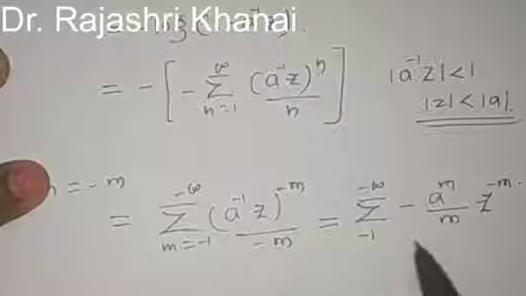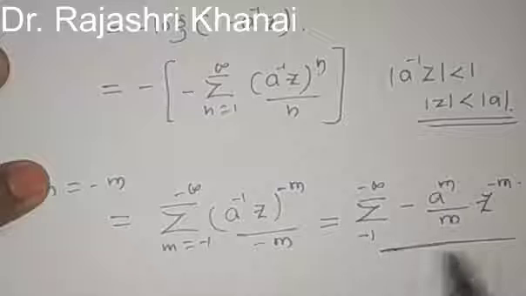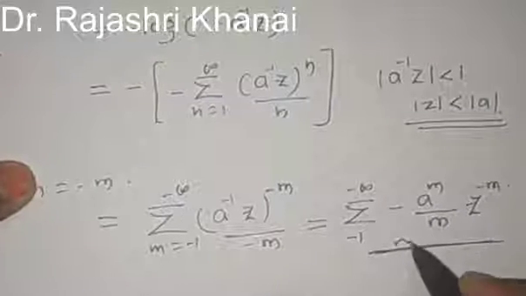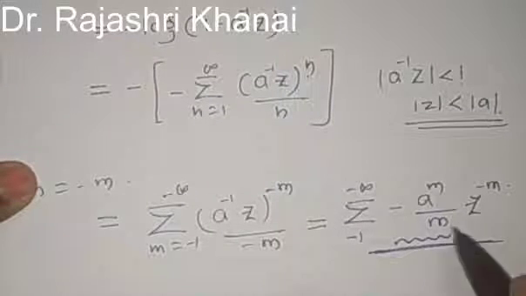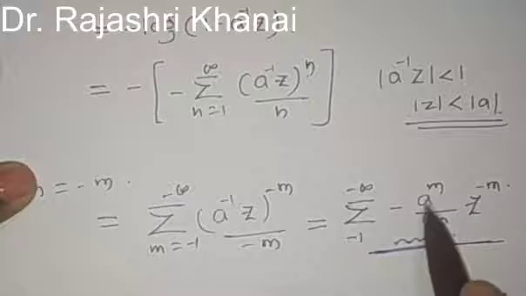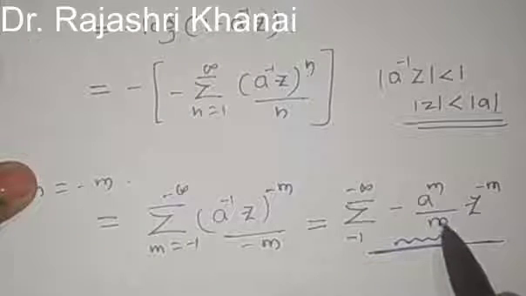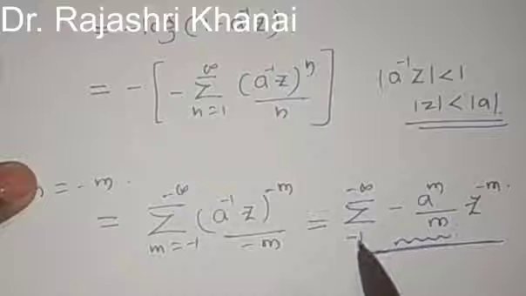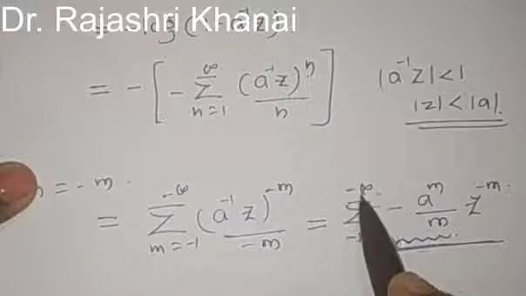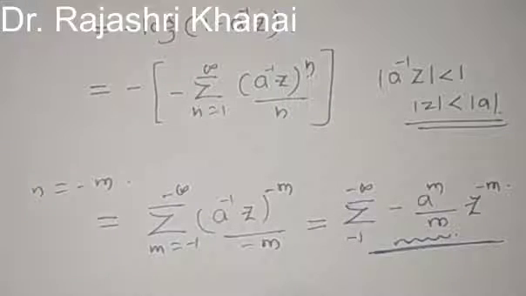And when again this is compared with the standard definition of Z transform, this is my x of n. x of n is minus a raised to m divided by m, and the range is from minus 1 to minus infinity, indicating that it is a left-sided signal.